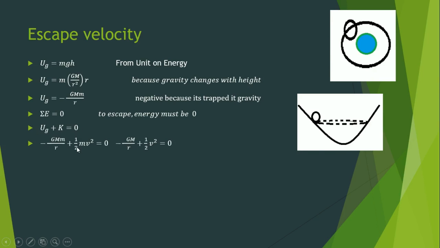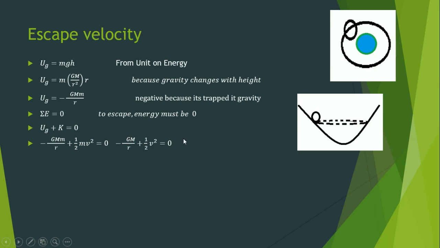And so we write our forms: negative big G, big M little m over R, because that's the gravitational potential, plus the kinetic energy, which is 1/2 m v squared, equals 0. And we cancel out the little m's because they're in all the terms except the 0, obviously. So we cancel out the little m's, and this is what we get.